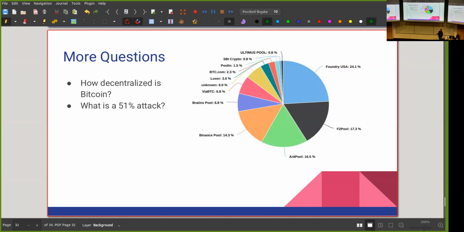Everyone has the same access permissions and can do exactly the same things. But usually when people talk about decentralization, they're actually talking about control, right? So how many people or how many organizations actually control Bitcoin? That's the question that we want to answer. And in that sense, Bitcoin is not really decentralized.